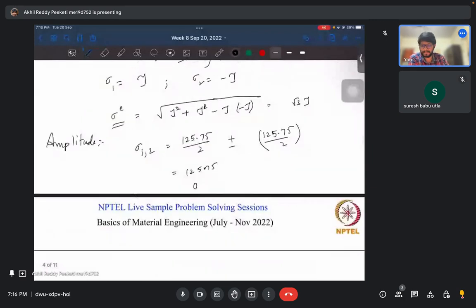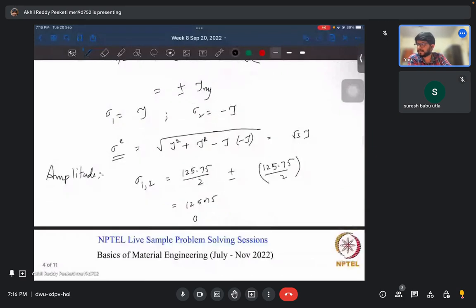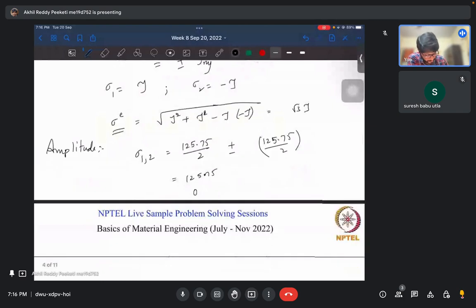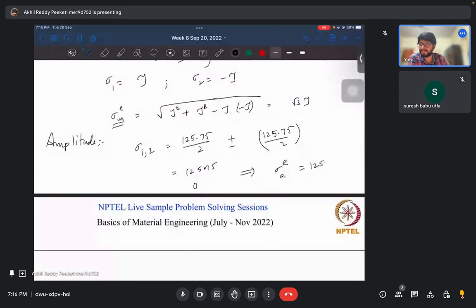Is this clear? So this gives the sigma effective in the amplitude case as 125.75. And the mean would be root 3 into tau, so root 3 into 94.31.